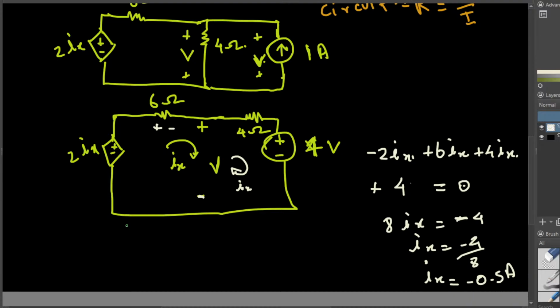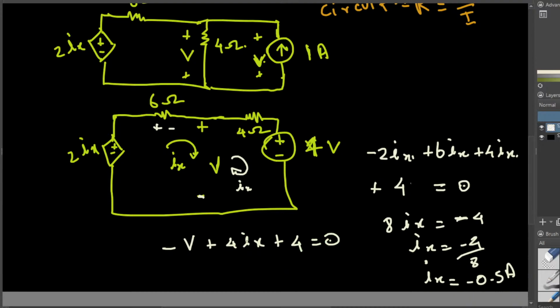You can assume any direction for the current. So if you assume this one as clockwise, then negative V, because minus to plus, negative V, then plus Ix times 4Ix, then plus to minus, that is 4, that is equal to 0.